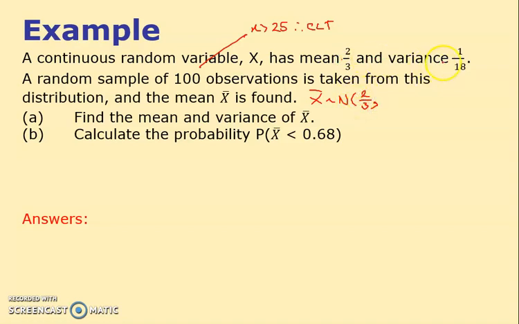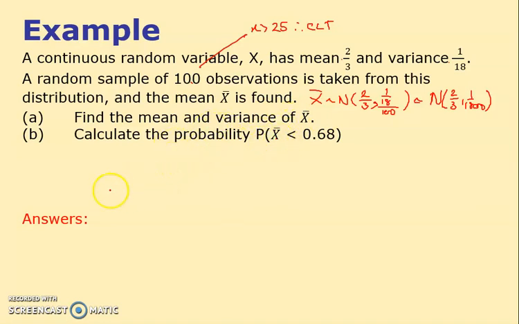Never changes. What will happen to the variance? Well, that will become an 18th, and I've got to divide by n, 100. Which is actually a normal 2/3 and an 1800th. So that's what I think those are for the mean and the variance.